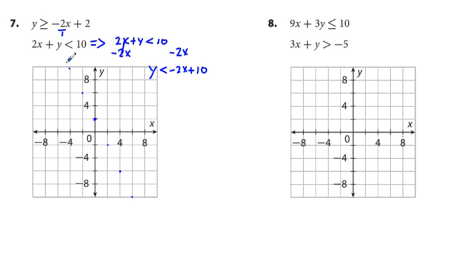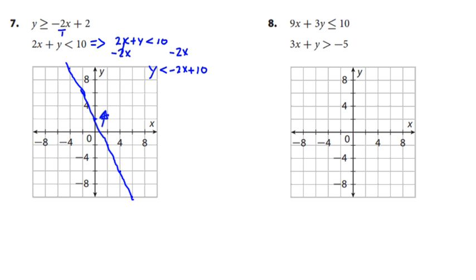So it'll be like this. So our y-intercept of 2, coming down below, and equal to or greater than, so we're going to be going up above here.